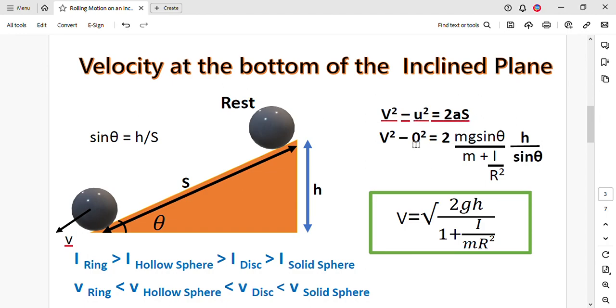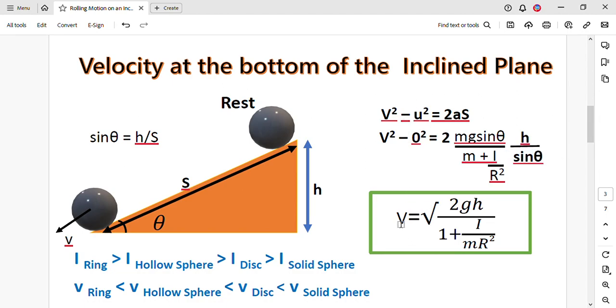Here the initial velocity is 0, and the acceleration we calculated in the previous slide, that is mg sin theta divided by m plus I by r square. Displacement we calculate using the triangle: sin theta equal to h by s, perpendicular by hypotenuse. So s equal to h by sin theta.